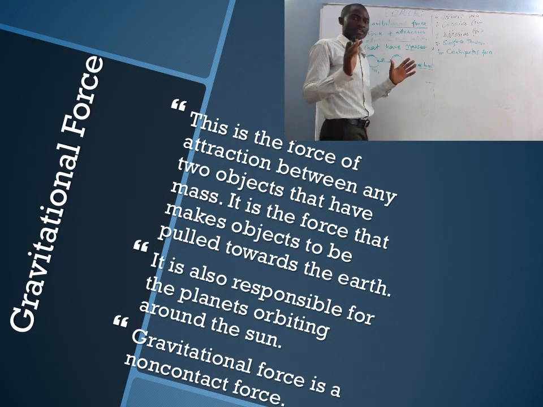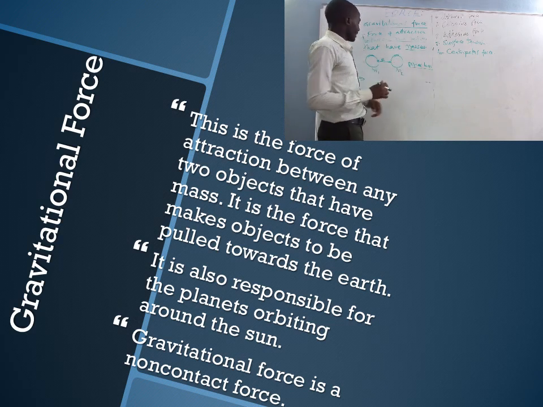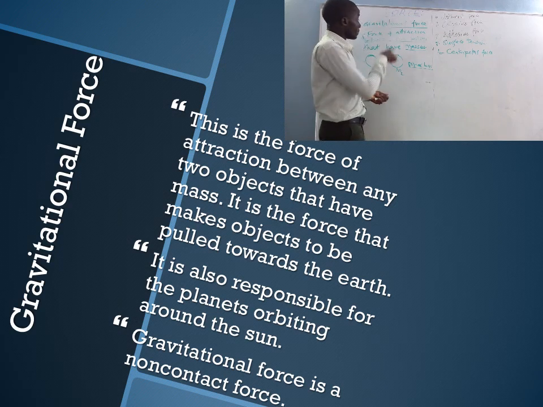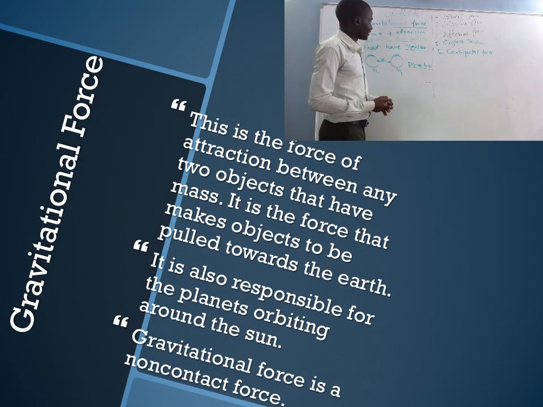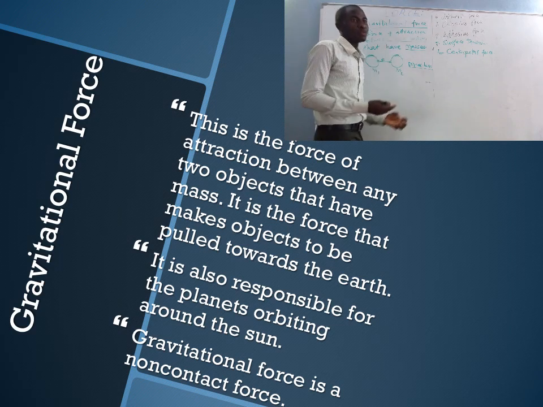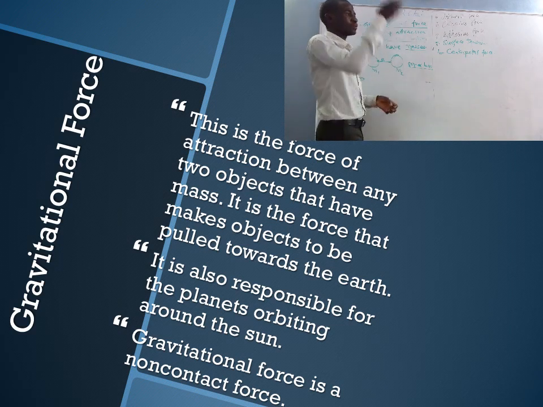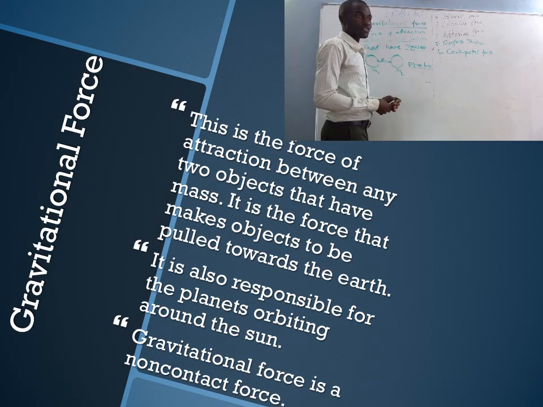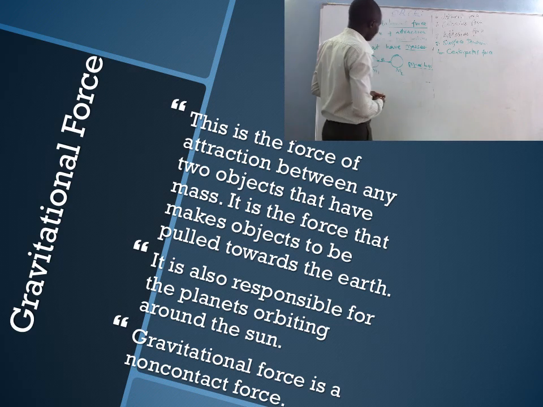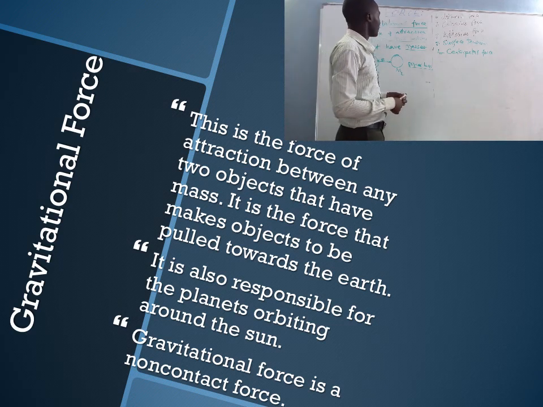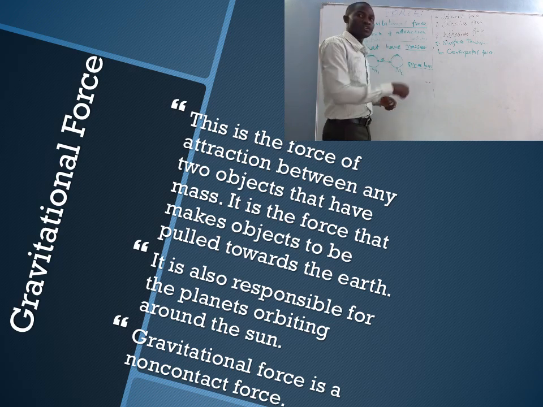The Earth is a body which has got a mass, and the object you have thrown up is also a body which has got mass. So that force which causes that attraction is the gravitational force.